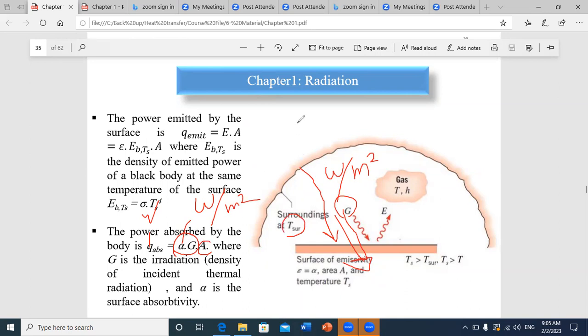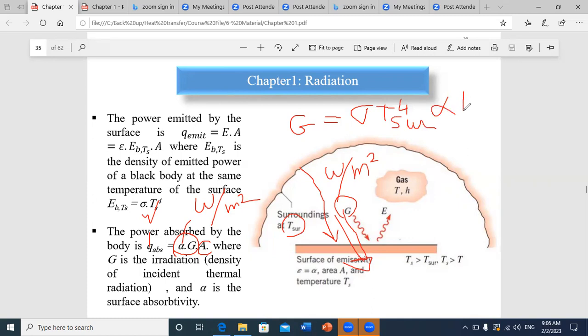We can write G as equal to sigma times T surrounding to the power 4, okay? And because our area will absorb just a fraction, then we multiply by alpha.